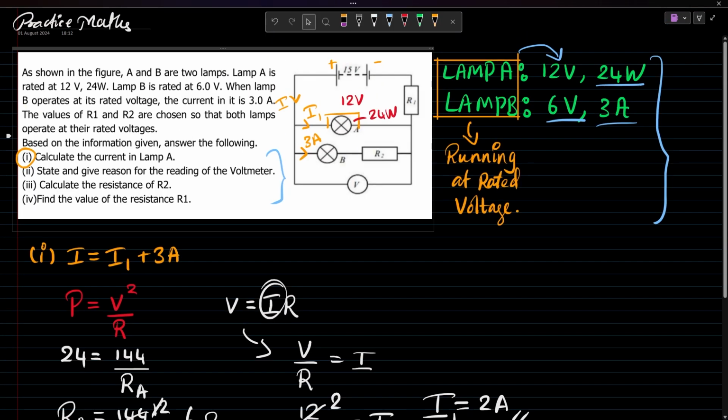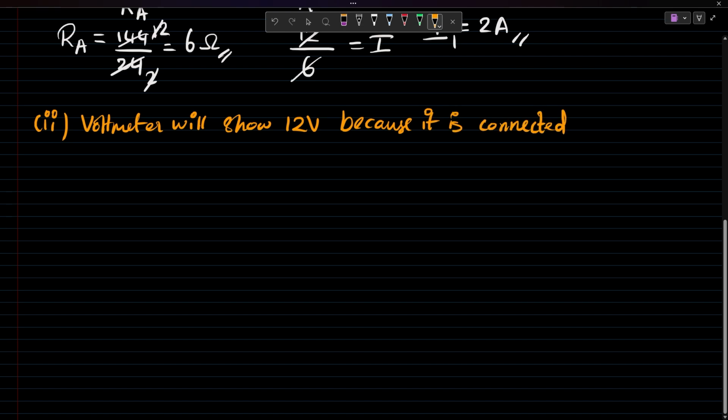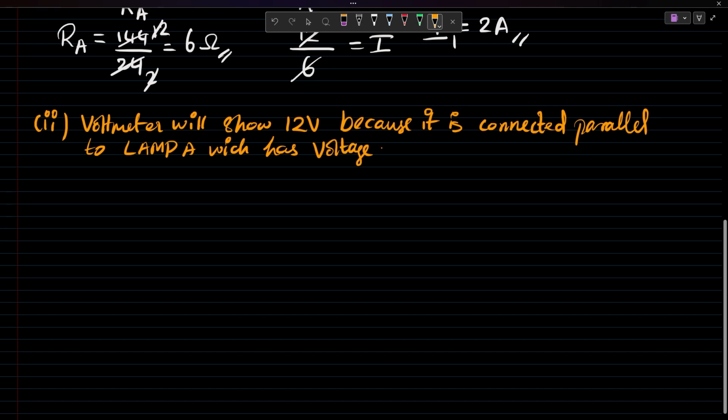Part 2 says state and give reasons for the reading of the voltmeter. The voltmeter will show 12 volts because it is connected in parallel to lamp A, which has voltage equal to 12 volts.